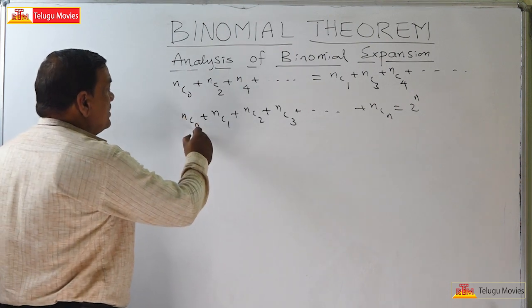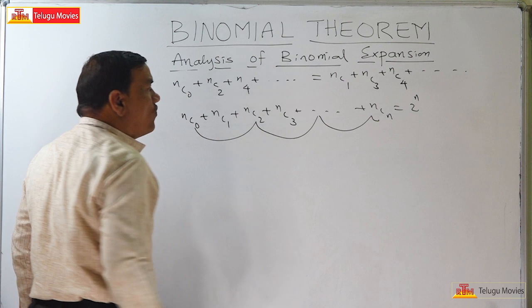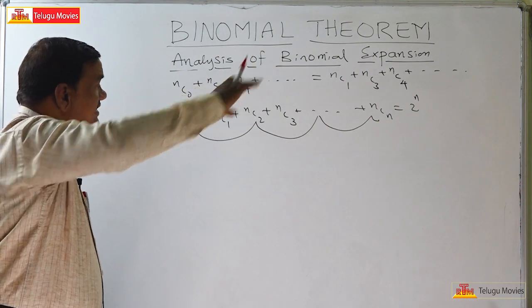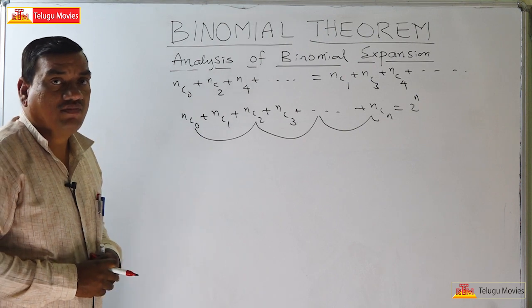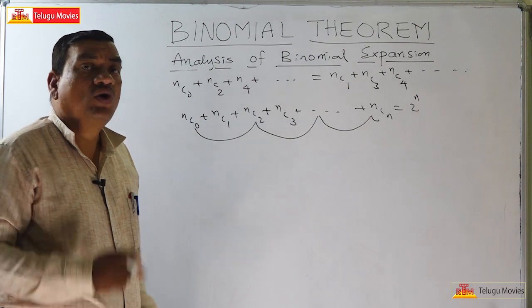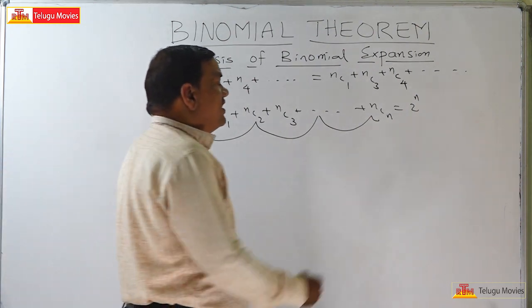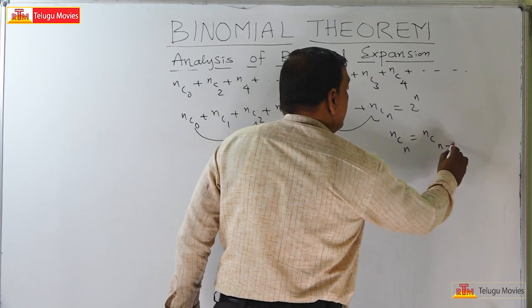So if you observe here, nC0, nC2, nC4 are half of the terms, and then nC1, nC3 and so on up to nCn are the remaining half of the terms. That means the sum will become half. One logic here is nCr equals nC(n minus r).